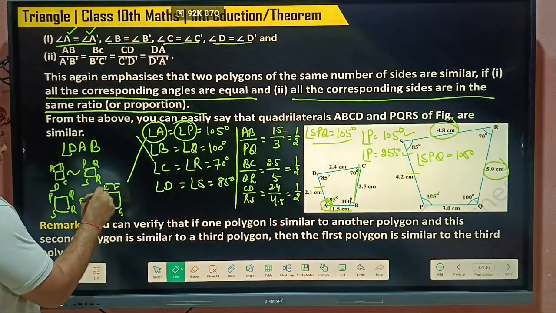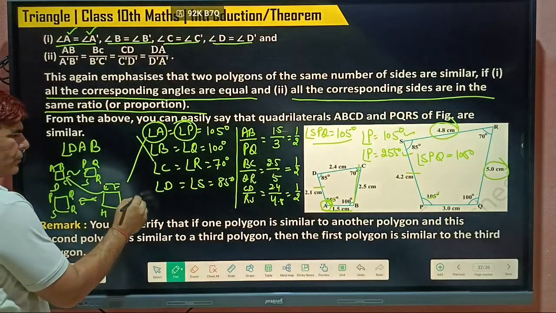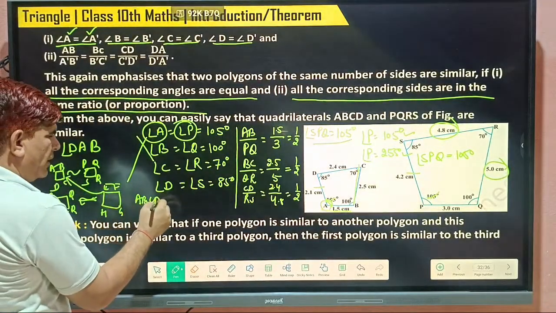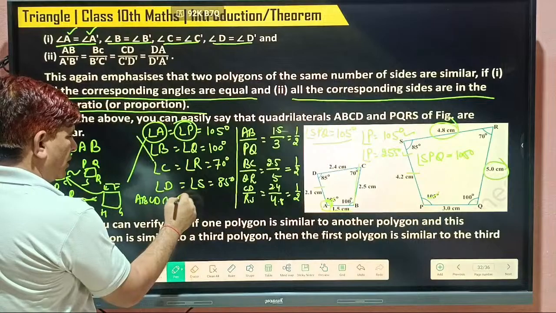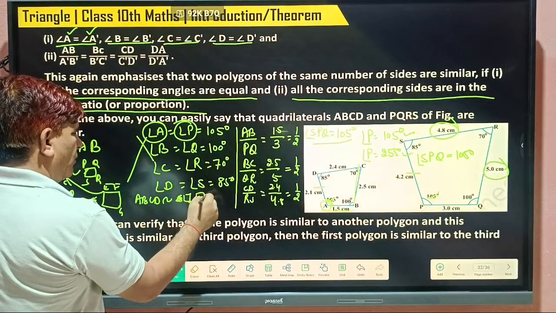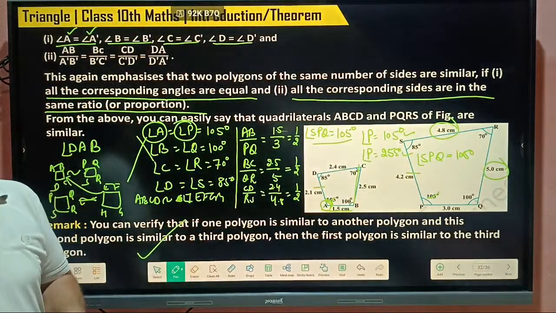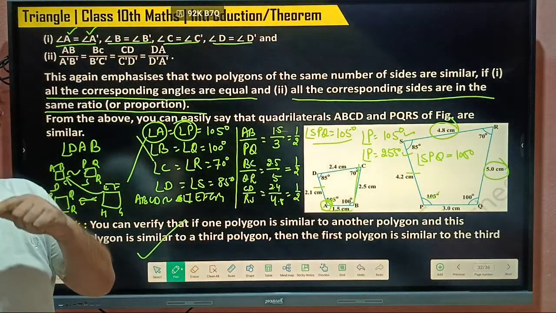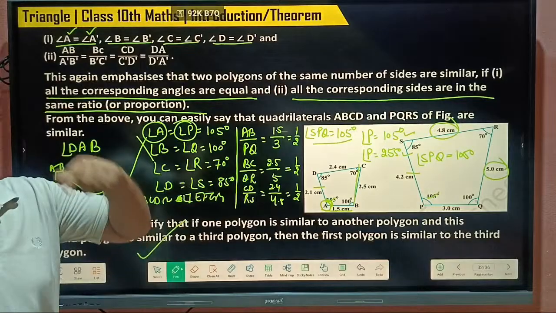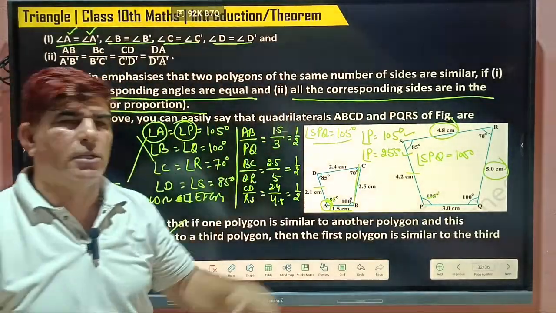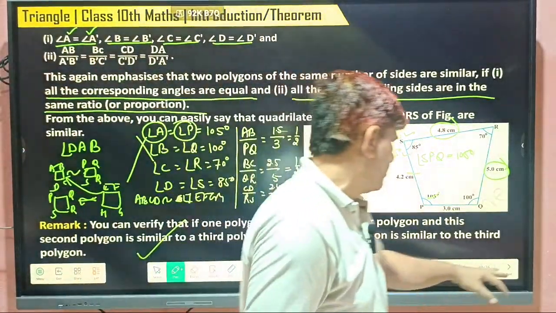So these two are also similar: square ABCD is also similar to square EFGH. This is the meaning of this remark. First is similar to second and second is similar to third, so first is similar to third also.